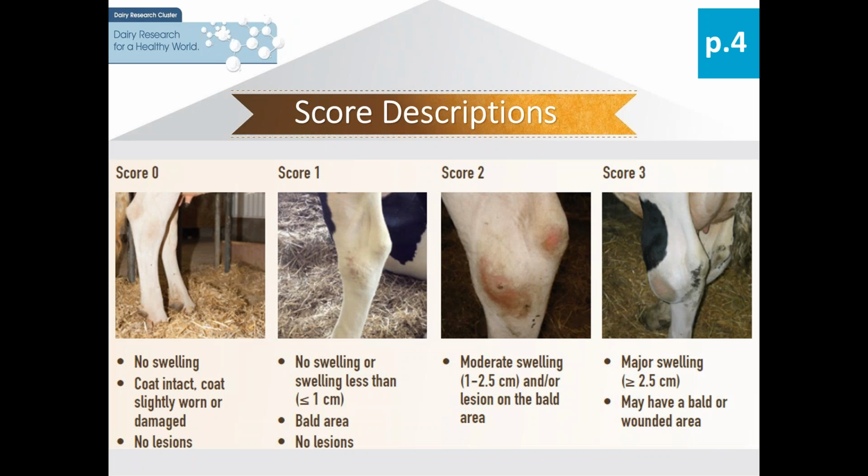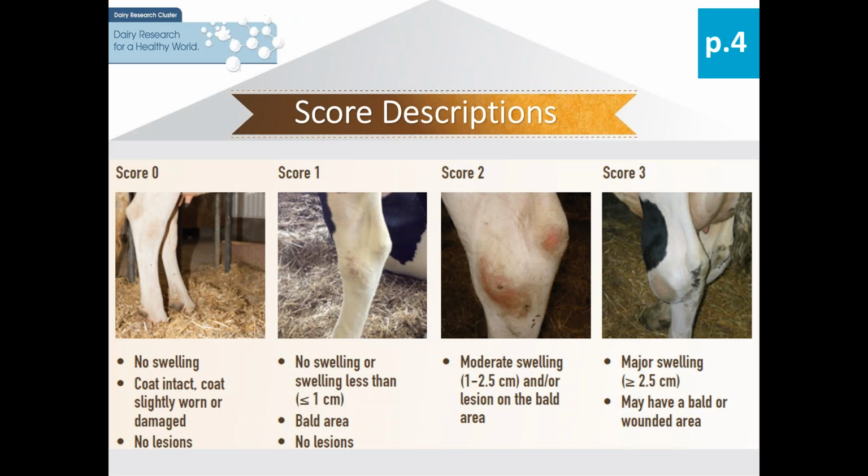So the A and D were really scores 2 and 3. Right. We know that cows that score with those are going to be more likely to have lameness and other things, and we'll talk through some of those things later.